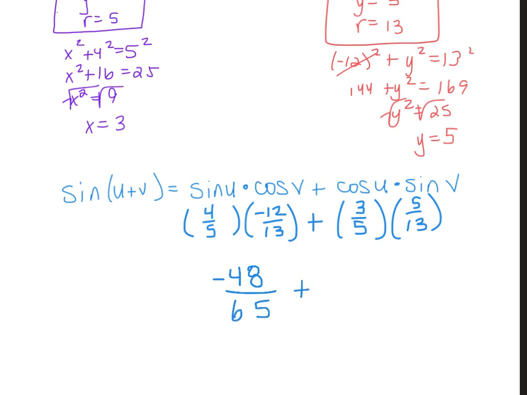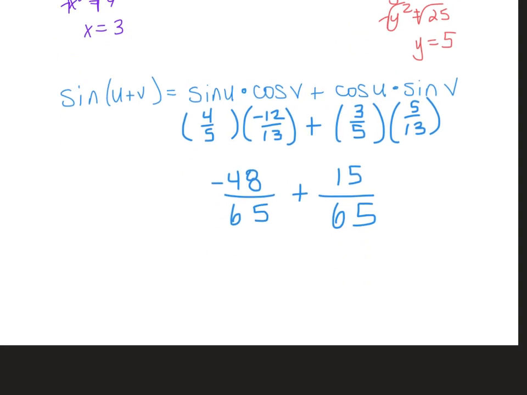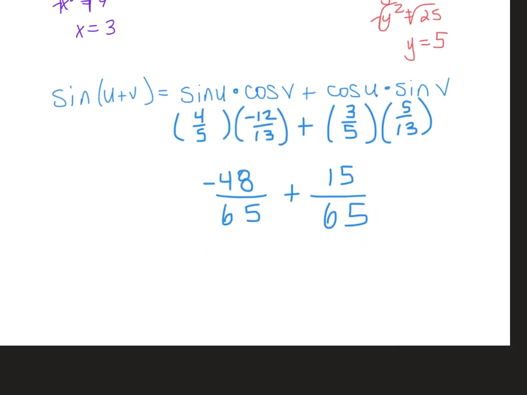Plus, what's 3 times 5? 15. Over, what's 5 times 13? 65. All right, when we add fractions, we need a common denominator. Do we have one? So I write over 65. What's negative 48 plus 15? Negative 33. Yep.